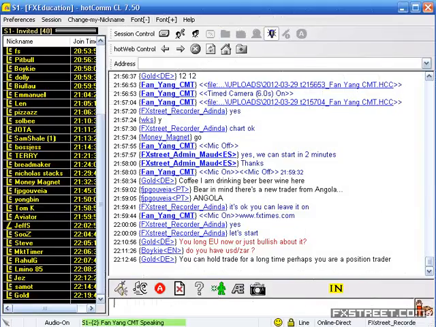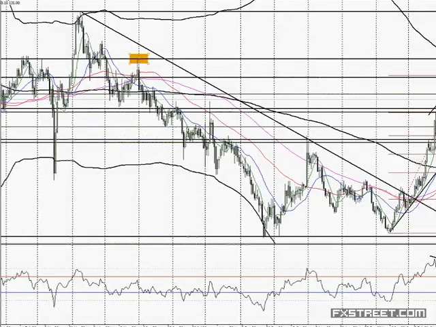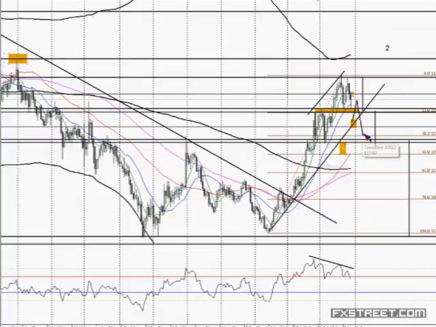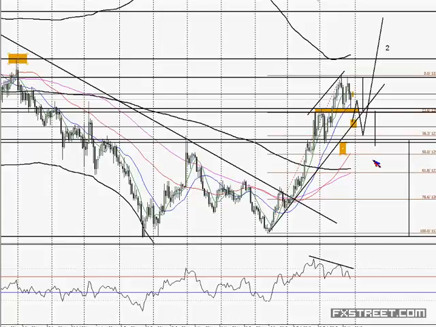So if the market does get down toward 126.55 area, 127 area, that's a lot of upside. And if you plan a stop below these support pivots, you could see that.